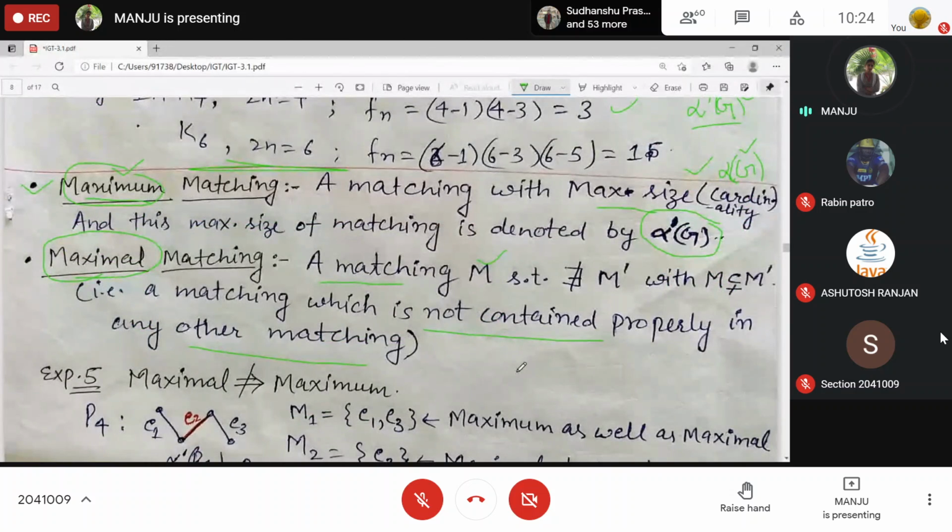For example, take the example of this P4. What is the cardinality of the maximum matching over here?